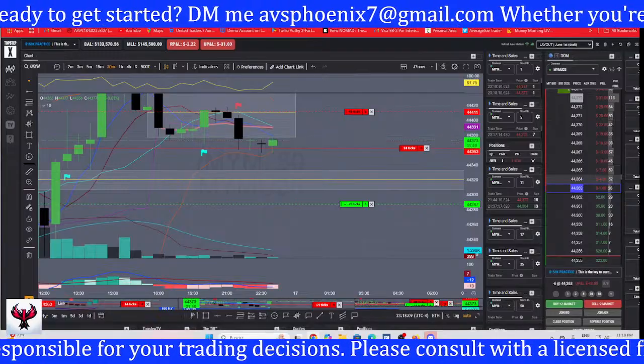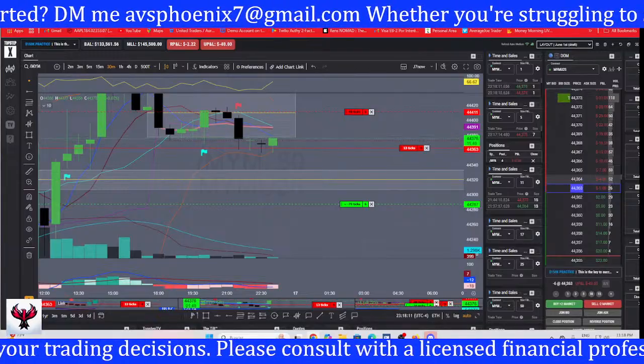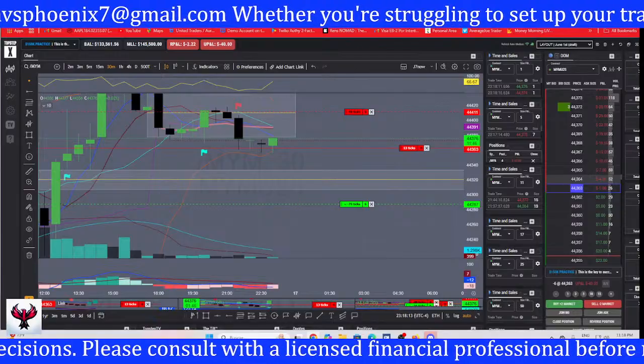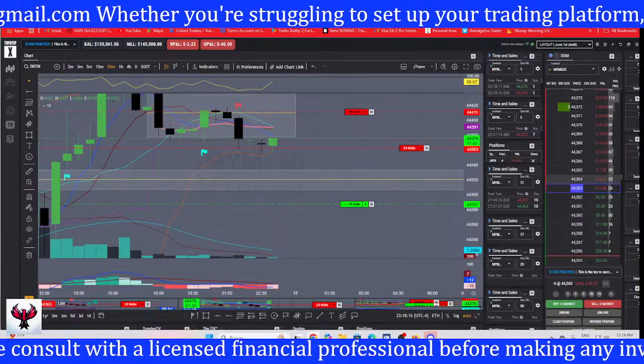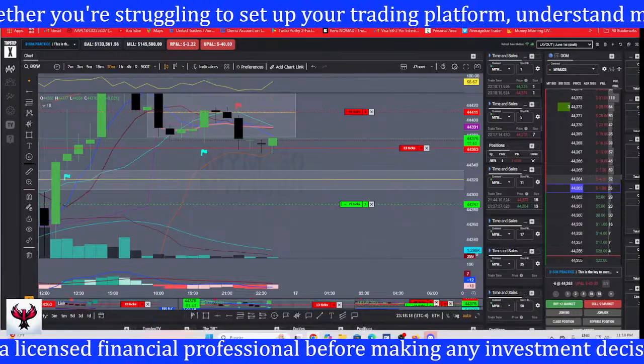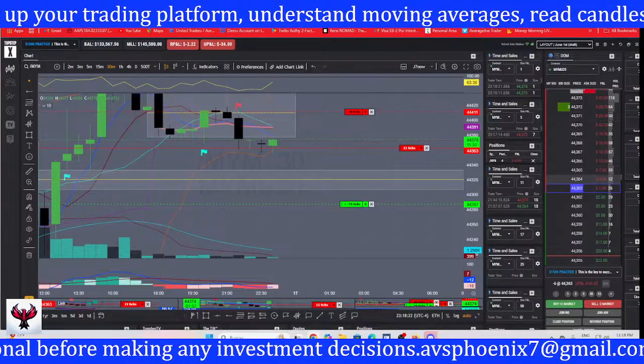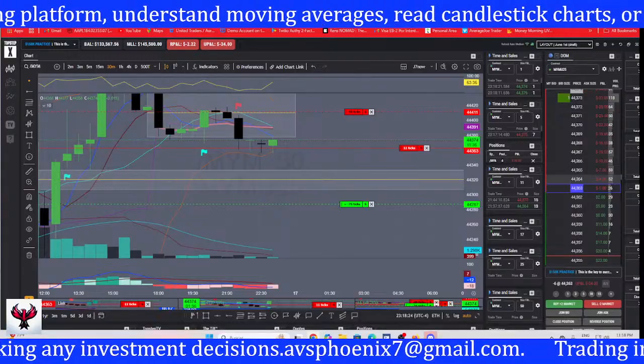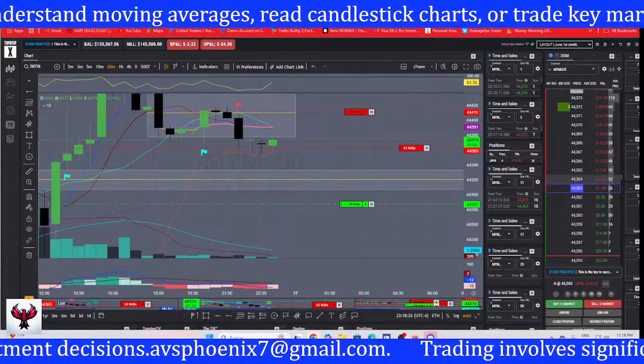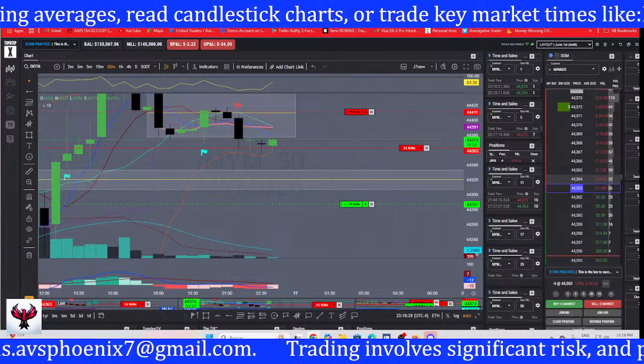Yeah, clear double bottom, and a point of control. Not good. Not both, this one too.